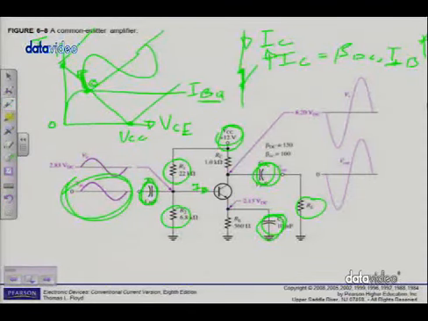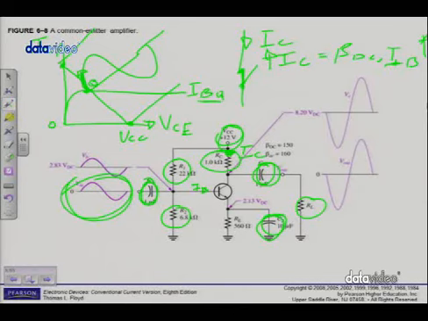You agree? Now, as IC increases, where's IC on my circuit? It's a collector current, right? There's IC. As IC increases, what is going to happen to the voltage drop over RC? What does Ohm's law state?